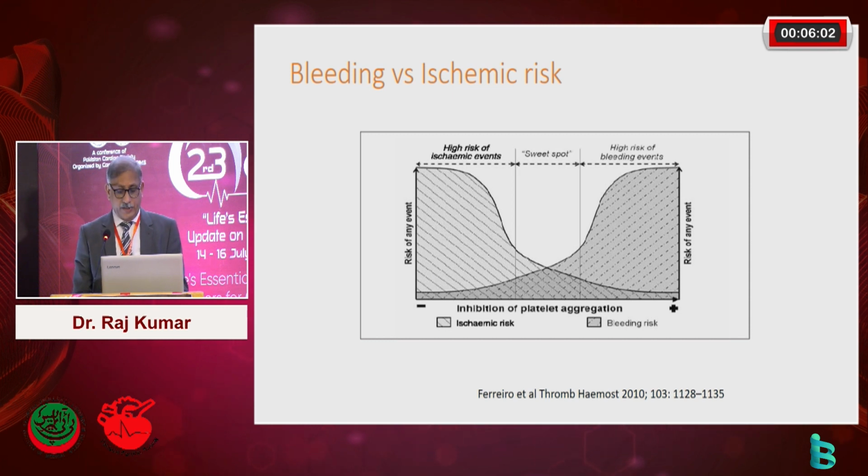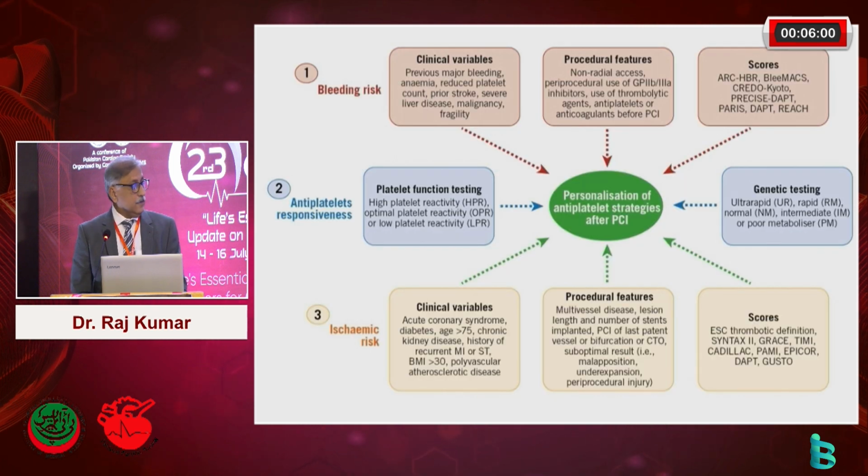So we need this sweet spot. I always say that life is successful when there is balance in life, when there is discipline in life. So we need to count the bleeding risk by assessing clinical variables, procedural variables, and scores.